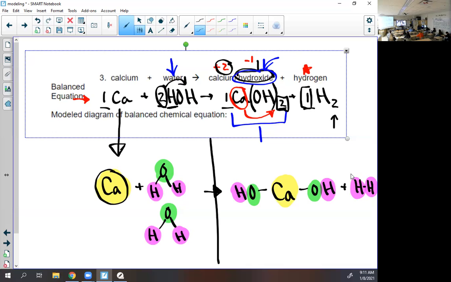Definitely they have rearranged themselves, but definitely they are equal. The law of conservation of matter says matter cannot be created or destroyed, but it can change forms. So we didn't create or destroy it, but we rearranged it. All right, 2 green, 2 green, 1 yellow, 1 yellow. This would be balanced. Got it?